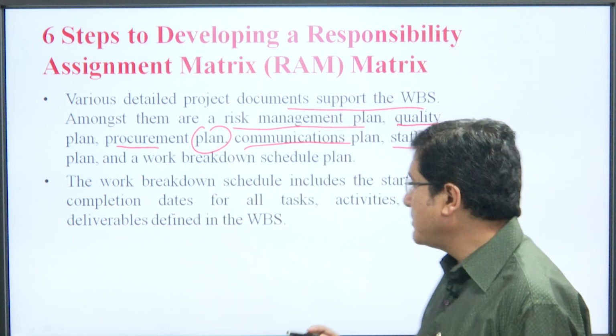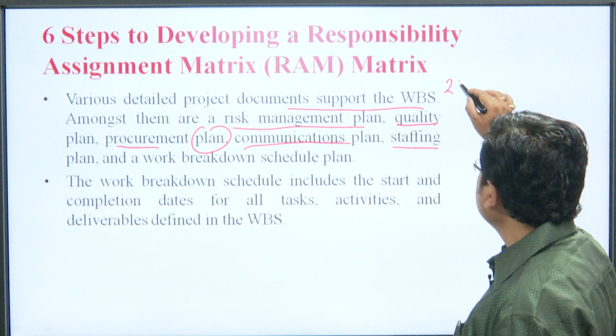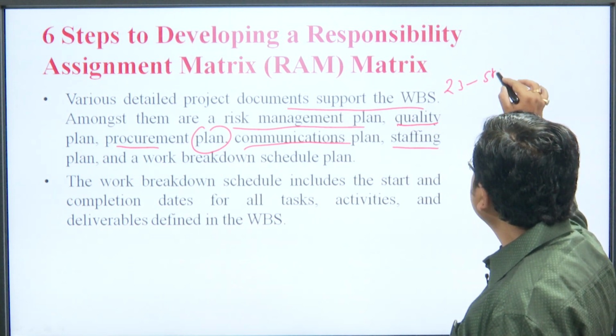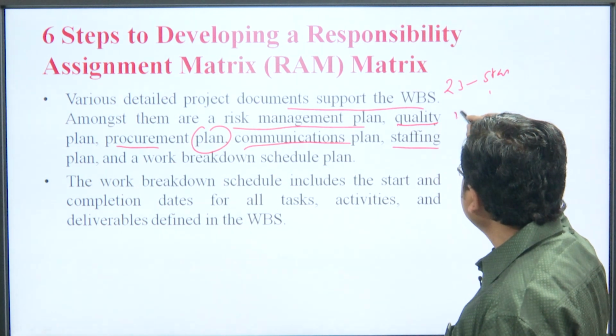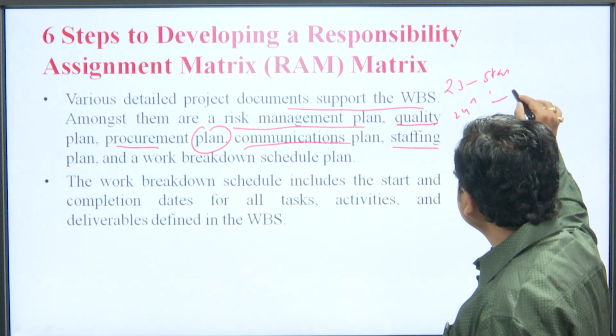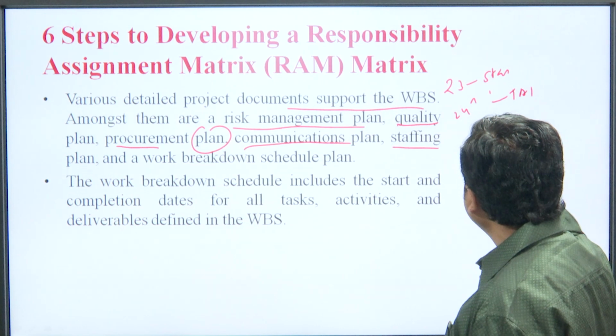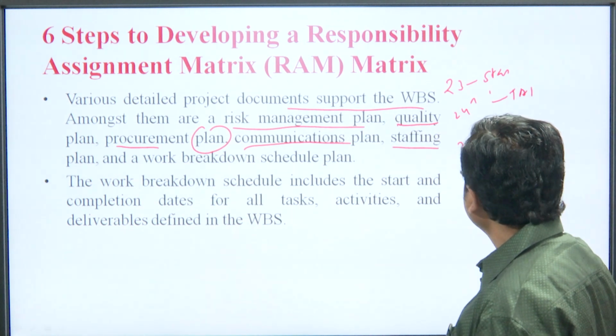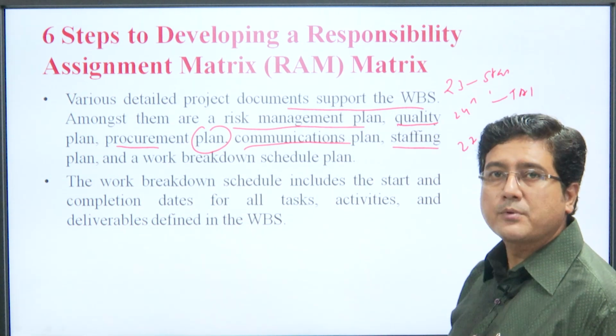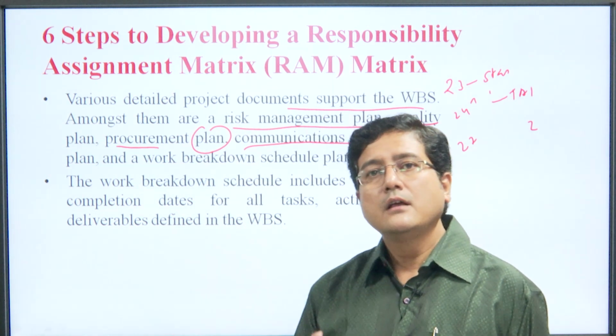For example, on the 23rd we start, the next day the 24th is the next task, task 1, then on the 27th task 2. So we define things properly, accordingly.